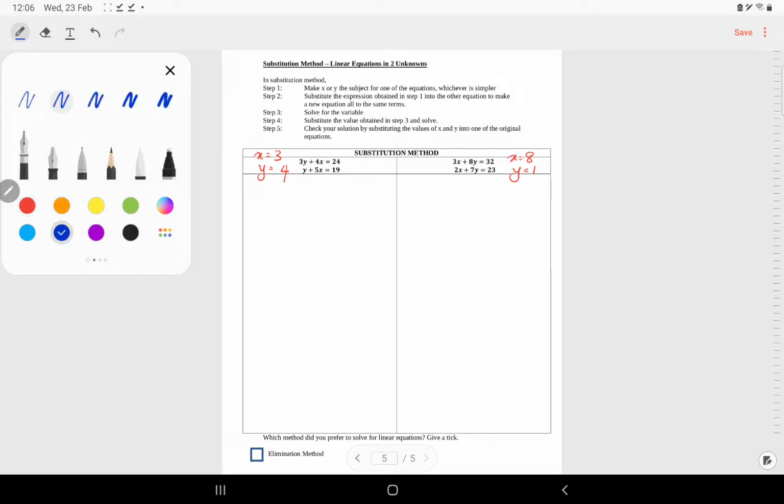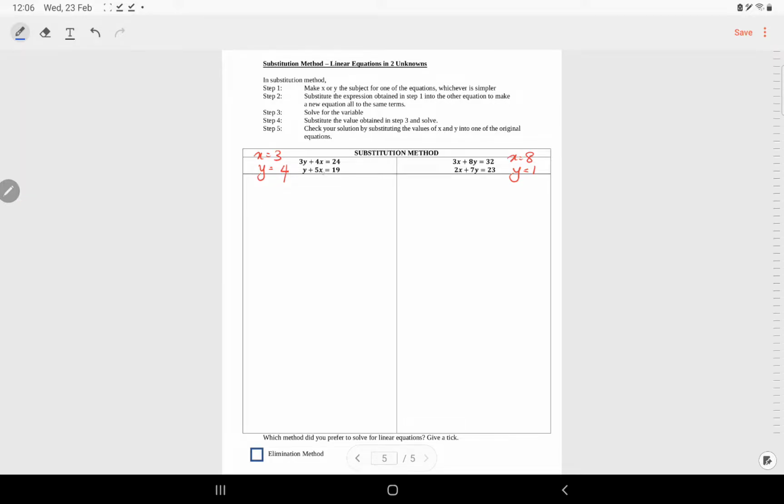Same thing, first things first, we're going to label the equations. 3y plus 4x equals 24, y plus 5x equals 19. Now using substitution, basically you make x or y the subject of one of the equations, whichever is simpler.